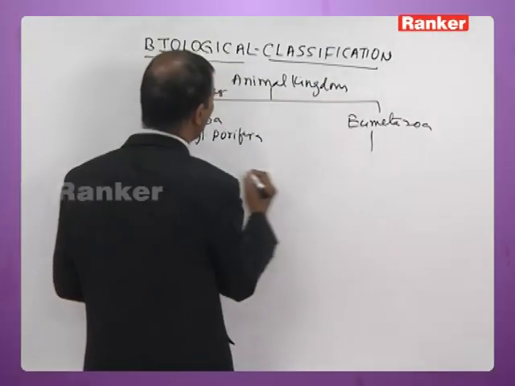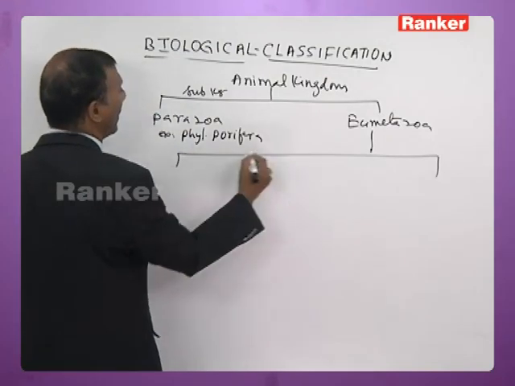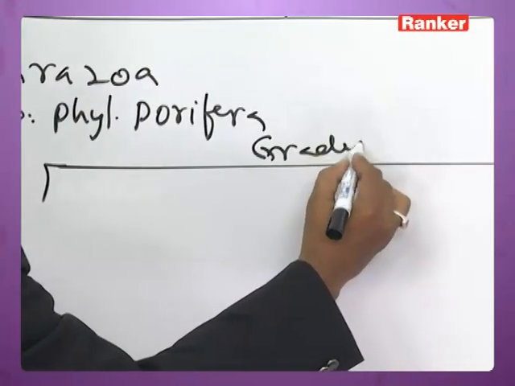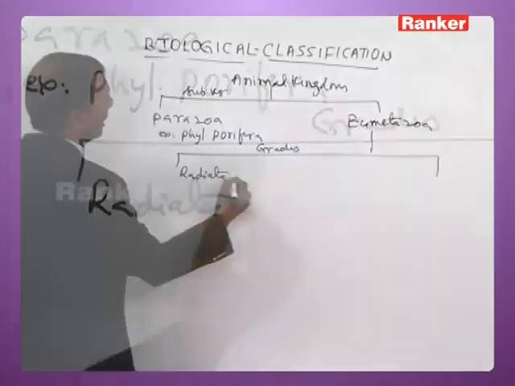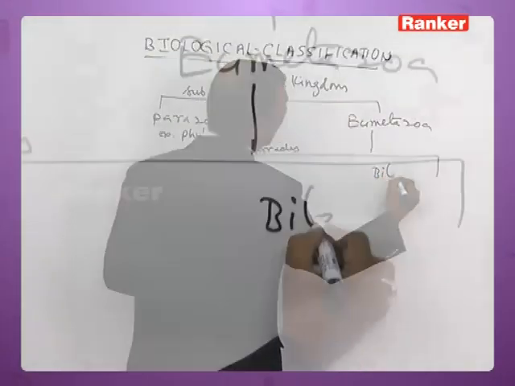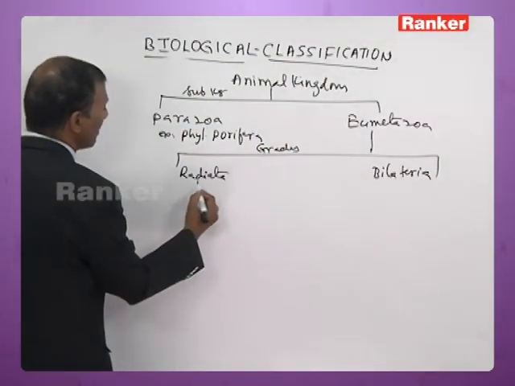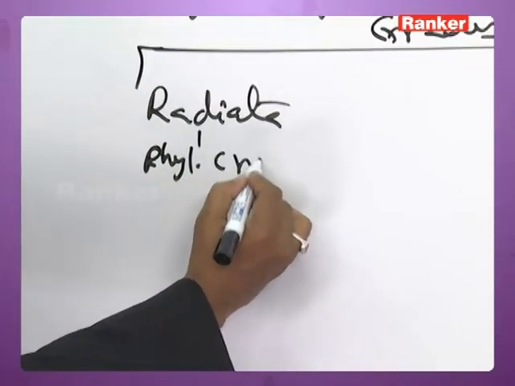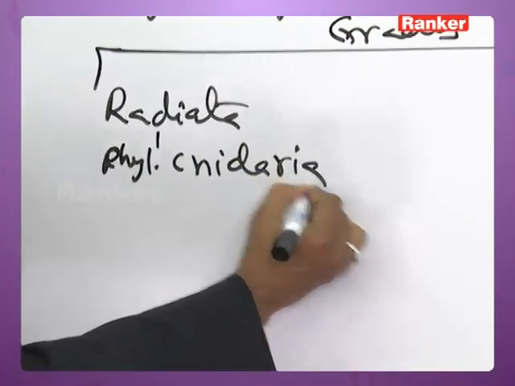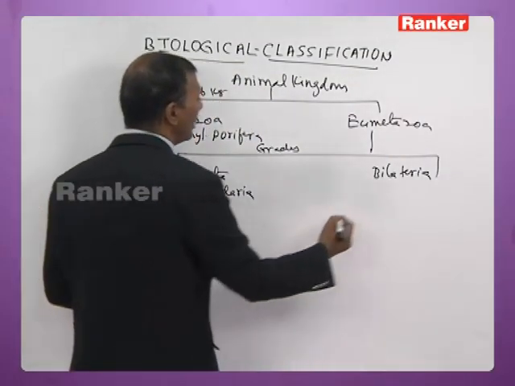Now Eumetazoa is divided into grades like Radiata and Bilateria. Under Radiata you have, for example, phylum Cnidaria, and Bilateria, that is they exhibit bilateral symmetry.